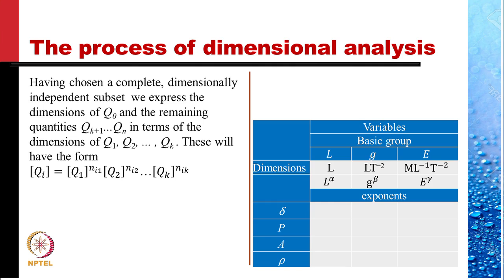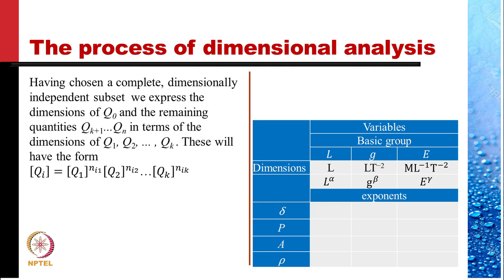Now, having chosen a complete dimensionally independent subset, we express the dimension of Q naught and the remaining quantities k plus 1 to Qn in terms of the dimensions of Q1, Q2, Qk. Thus, they will have the form Qi is equal to Q1 raised to power ni1, Q2 raised to power ni2, and similarly Qk raised to power nik.